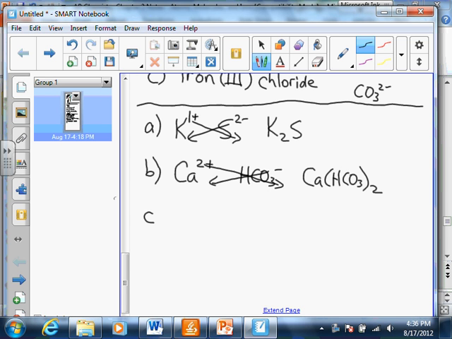And then nickel(II) perchlorate. We have to think about a couple of things here. The nice thing about going this way is it's very easy to figure out the charge on the transition metals because they tell you in the Roman numeral. Nickel is going to be a 2 plus. Now we have to remember what perchlorate is. It ends in ATE with a per, which means there are a lot of oxygens.